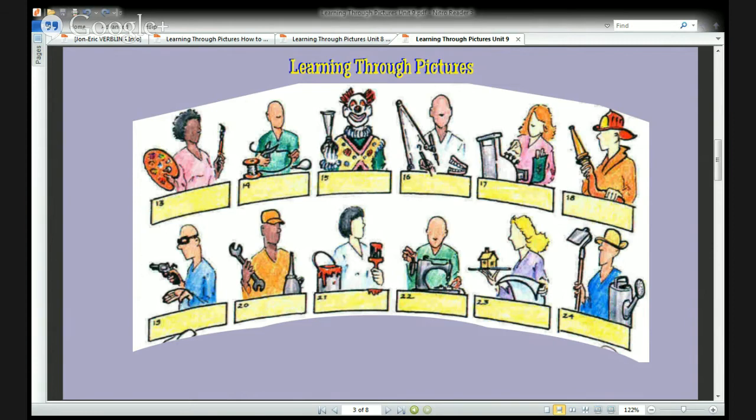What is the occupation of the person who is next to the painter? Next to the painter on the right, or on the left? On the right. Okay, good. If someone is very close, Asma, you can always say to the right or to the left of, if they're close. So what do you think the job is of the person to the right or to the left of the painter?